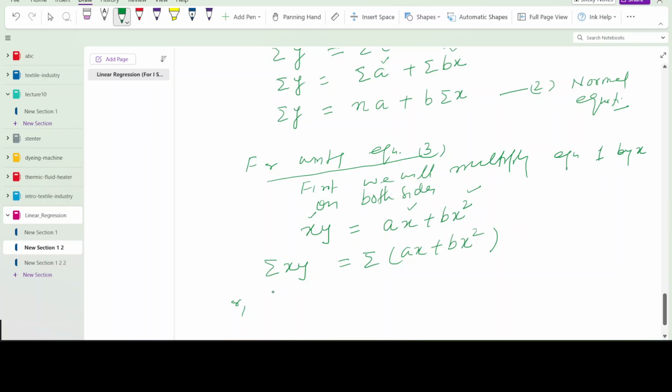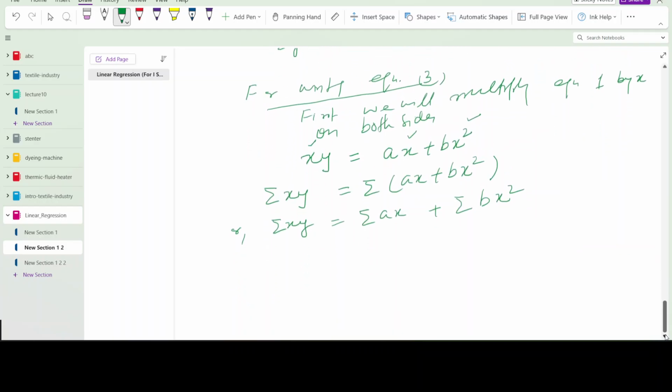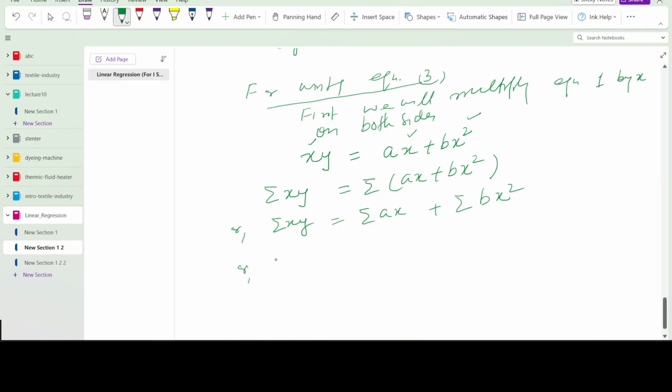Or sigma xy is equal to sigma ax plus sigma bx square, or sigma xy is equal to, a is a constant, so it will come out of sigma.